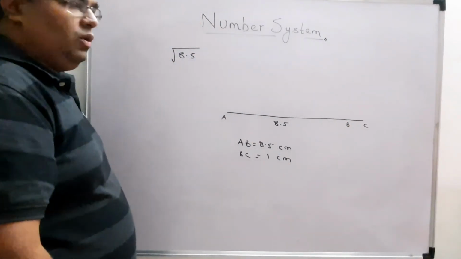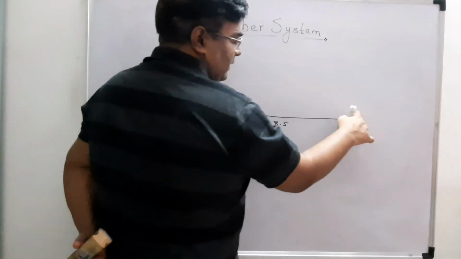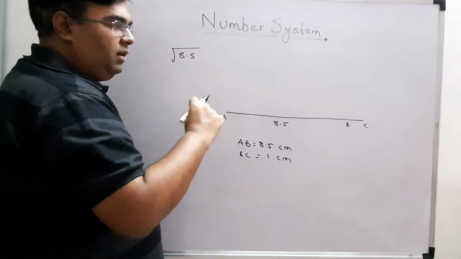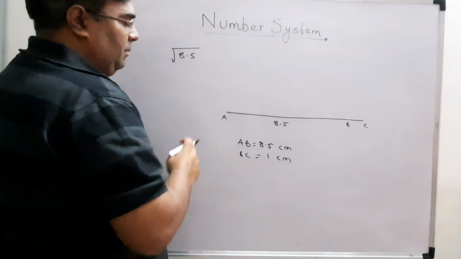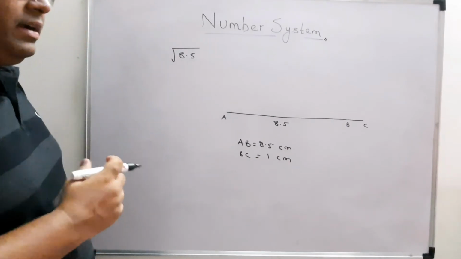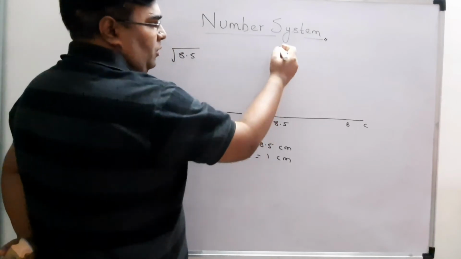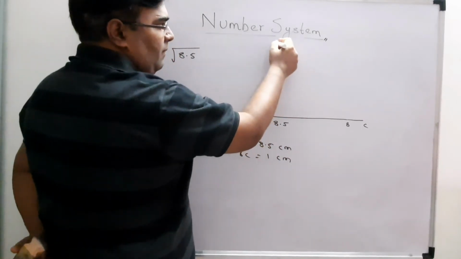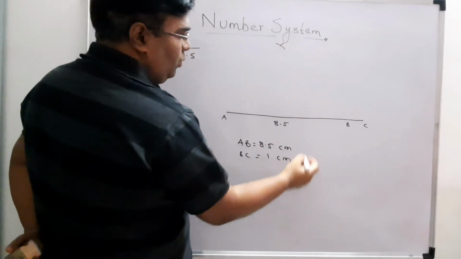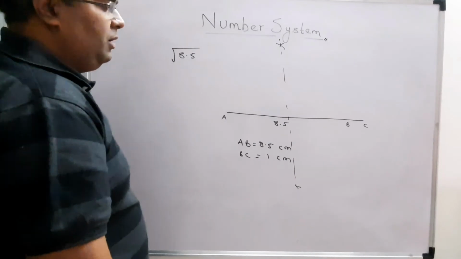Okay. Now what you will do? You will find the midpoint of AC. How to do? You can divide it by compass or just take the measurement. Better it will be if you divide it by compass. So how you can do? You can take more than half of AC and draw two arcs so that you can find the middle point, right?